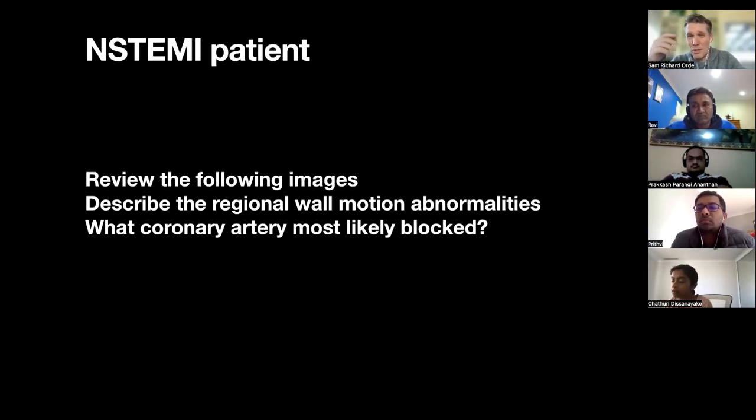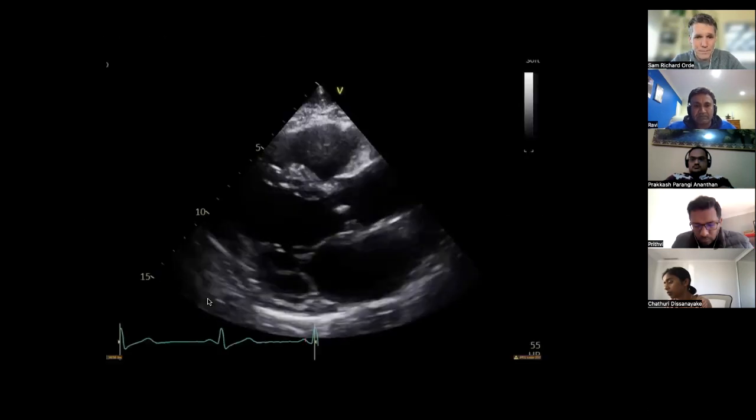Other views possible, talking about the subcostal short axis could be a nice one for the exam. There's another tip and trick, and just some of those expert things. If I ask you, what other views do you want? Bring in some of those subcostal short axis. Talk about some of the caveats, like seeing that apex moving down. If you're off axis, you can overestimate the regional wall motion abnormality. Things like that. Okay.